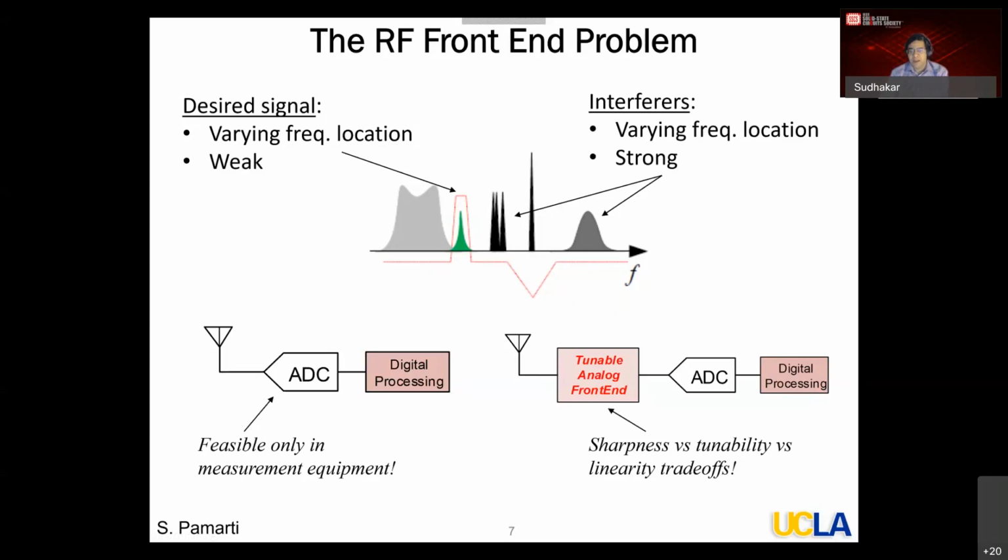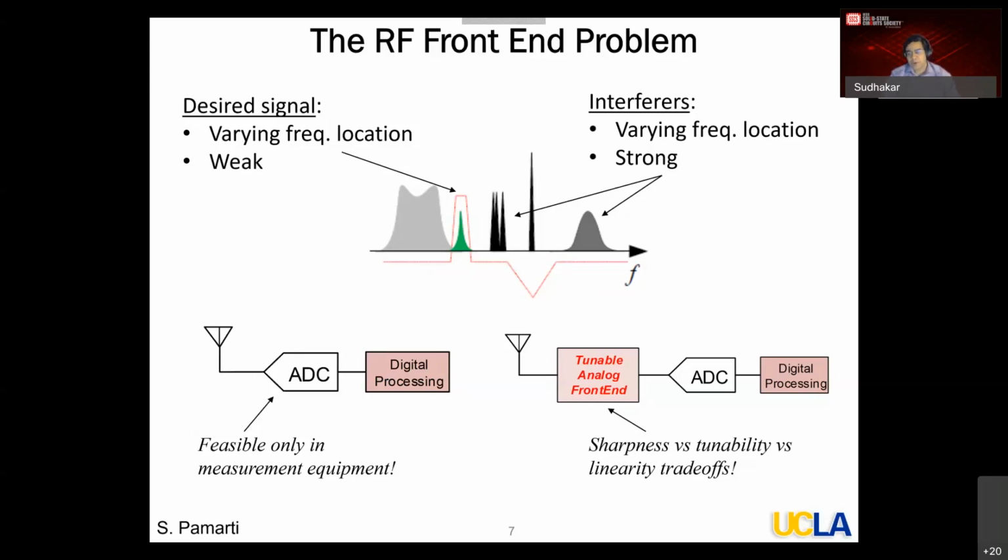Now, obviously, there are issues of sharpness versus tunability and linearity trade-offs in this front end. This front end, typically the bandpass filter, you want to be able to tune it to whatever frequency the desired signal resides in. You may want to change the filter shape depending on whether you are looking for a narrower bandwidth or a wider bandwidth and things like that.